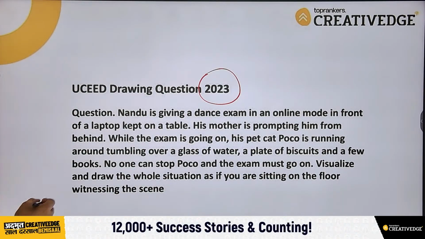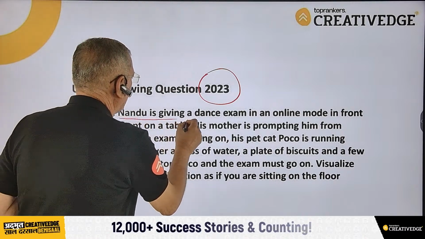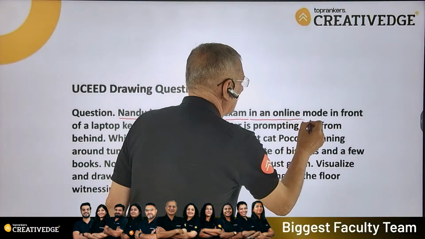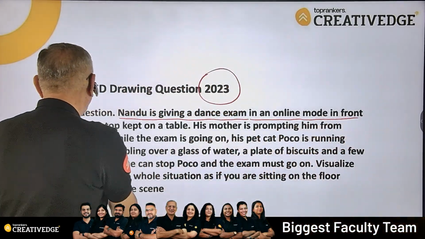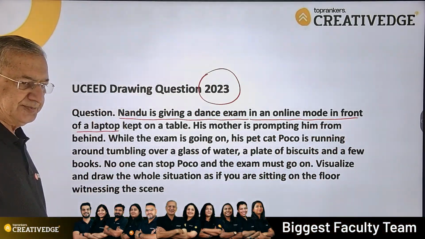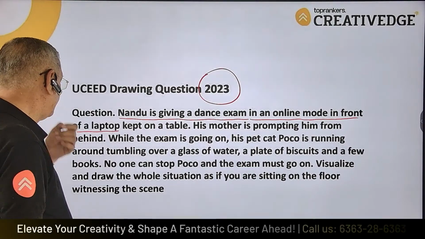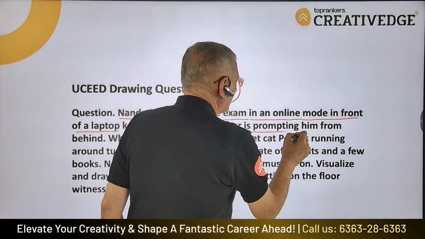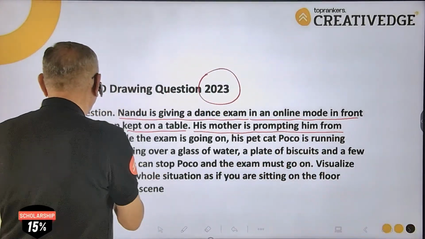The question was, Nandu is giving a dance exam in an online mode in front of a laptop kept on a table. His mother is prompting him from behind.